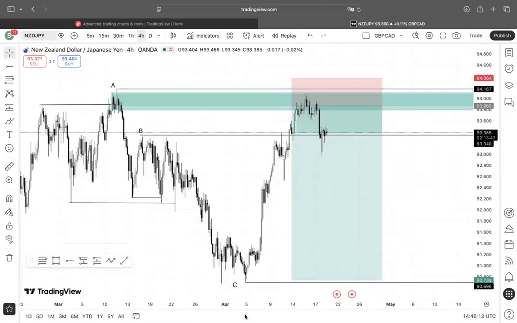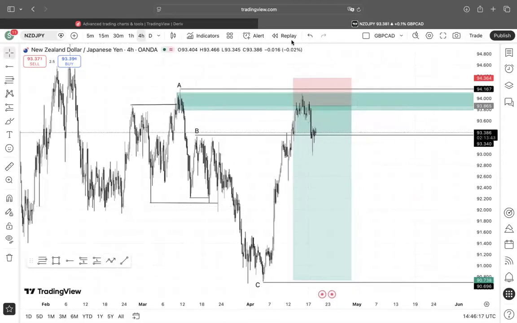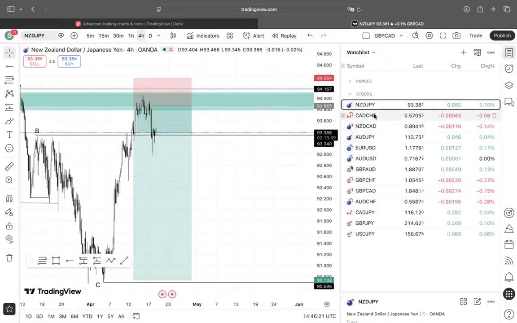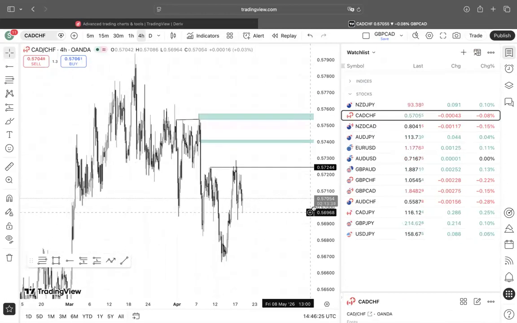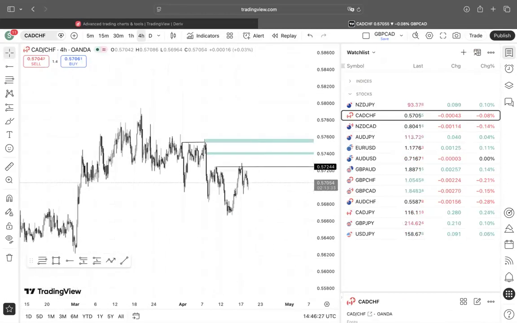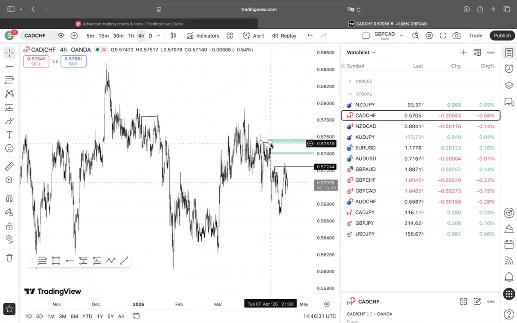Okay, I believe this is the only trade that I have on what currency pairs. Let's see. Okay, yeah, CADCHF. Okay, I have a trade here as well. Okay, let's use this. First of all, you know the drill. We have to look for what's our top-down analysis.